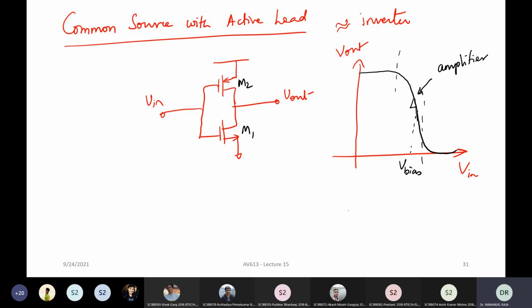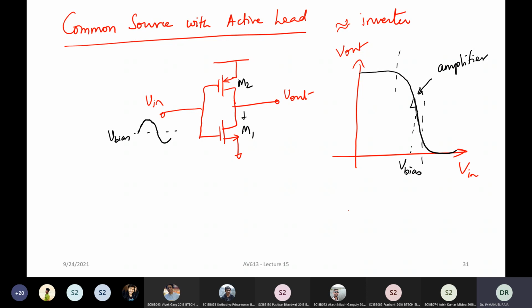If you look at this M1 and M2, where is the transconductance? Both the transistors are going to act as transconductors. For example, if there is a signal like this, as this input voltage increases around the bias point, let's assume that it is biased in the midpoint of the inverter. As the input voltage increases, what happens?